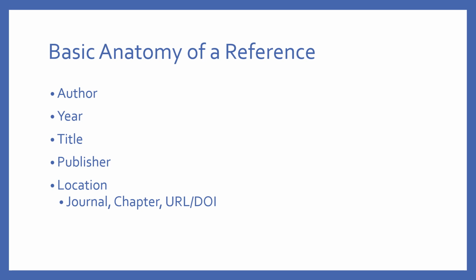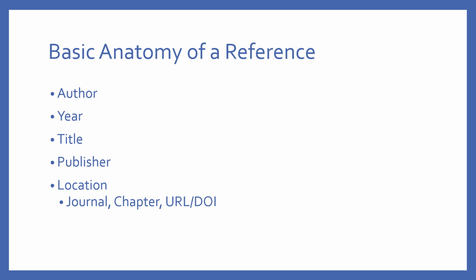The basic anatomy of any reference includes several things. Sometimes they're available, sometimes they're not, depending on what your reference is. But in general, you'll have an author, so somebody or a group has authored the reference that you are referring to.